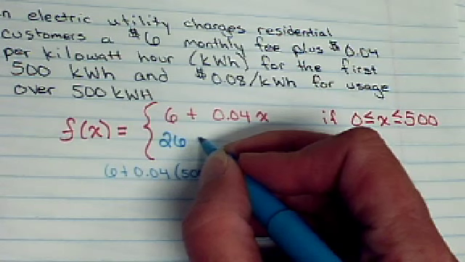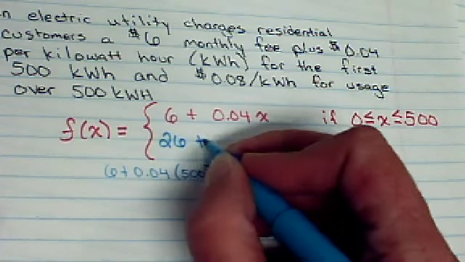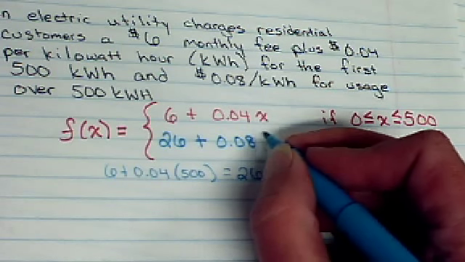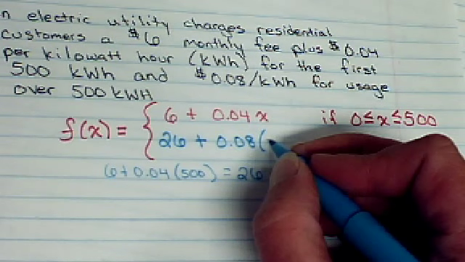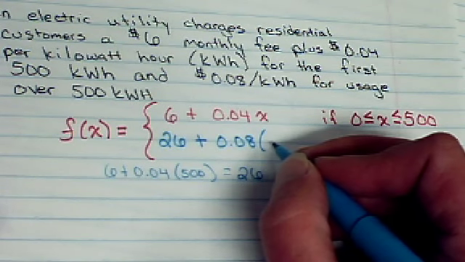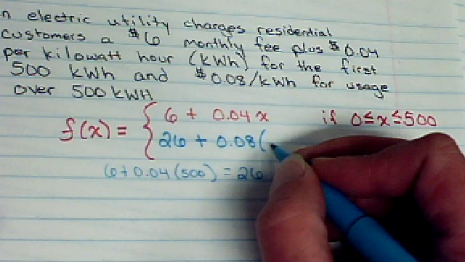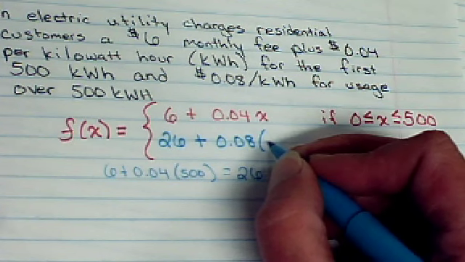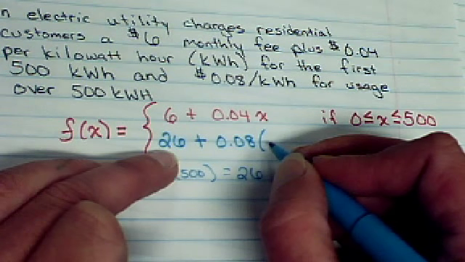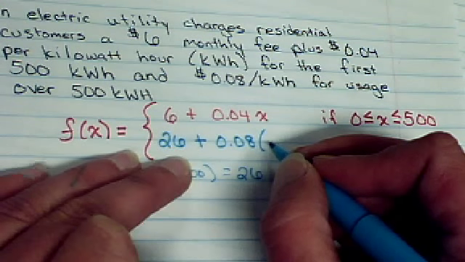Now, for the additional hours, it's going to be 8 cents a kilowatt hour. But it's not just going to be an X in the parentheses, and let me talk about why that is. If I was up to 600 kilowatt hours, I can't just plug in the 600 here because this already took into consideration the 500 already used.